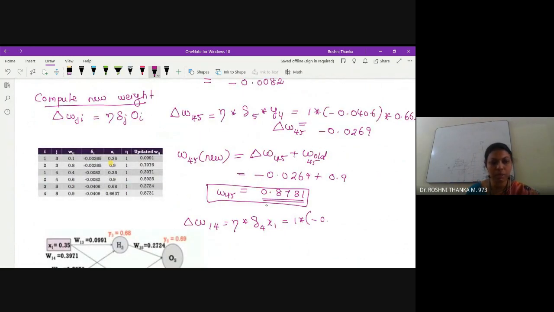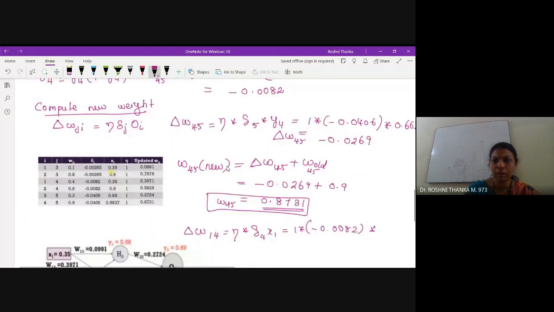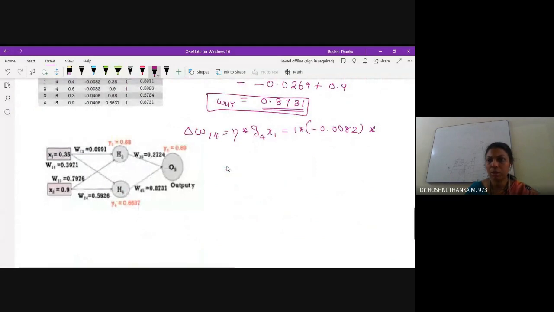Minus 0.0082 into, what is the input value of this? If you see in the input, the value is 0.35. So if you calculate it, you will get the answer as 0.00287. So now we found the delta W14.